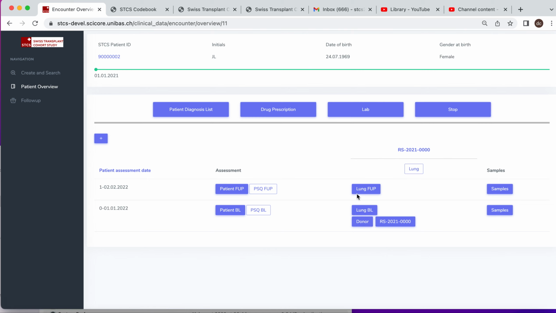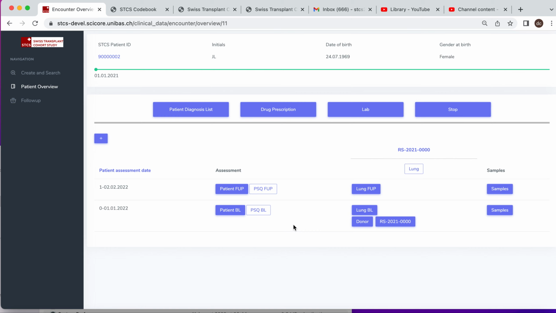Then we have the follow-up. Each follow-up is an assessment that for STCS is related to a fixed schedule: 0, therefore the baseline, 6 months, followed by a yearly visit.